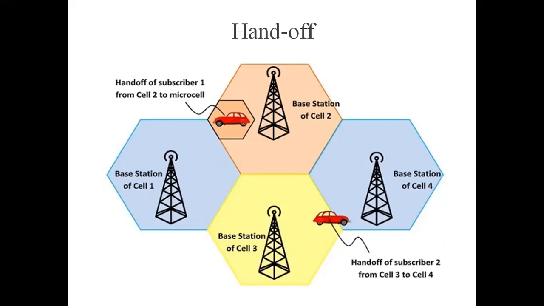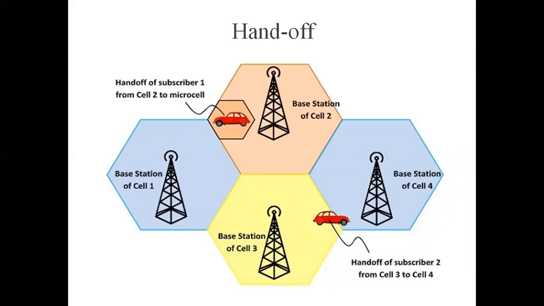Now, take an example: cells are often subdivided into micro cells. We have observed this phenomenon when we covered cell splitting, right? So a handoff may occur when there is a transfer of duties from the large cell to the smaller cell and vice versa.